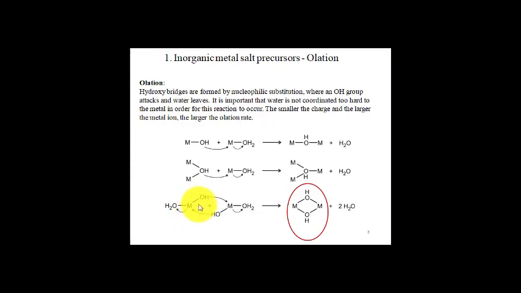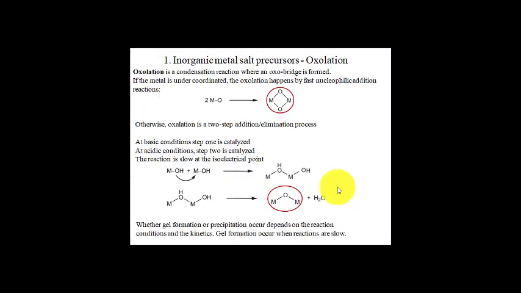Similarly, in another reaction, if we have metal hydroxide plus water, they can interact with each other and a cyclic product can be formed. This process is called olation.